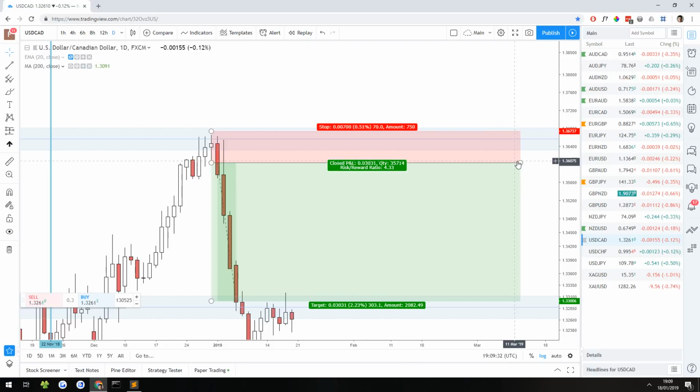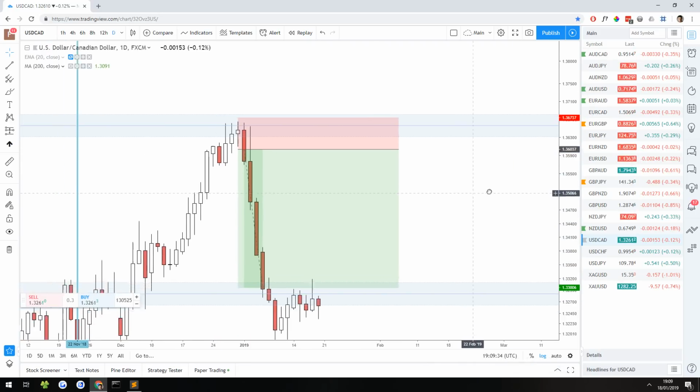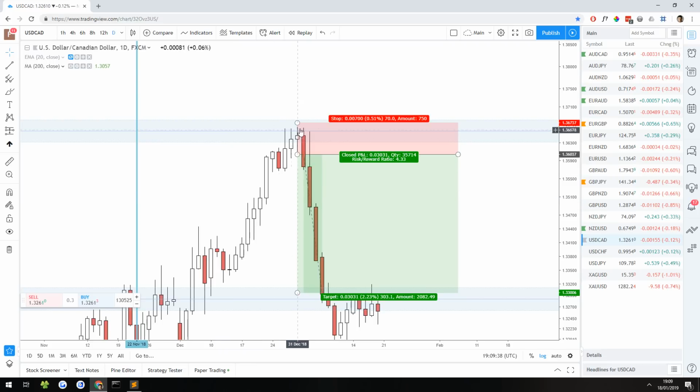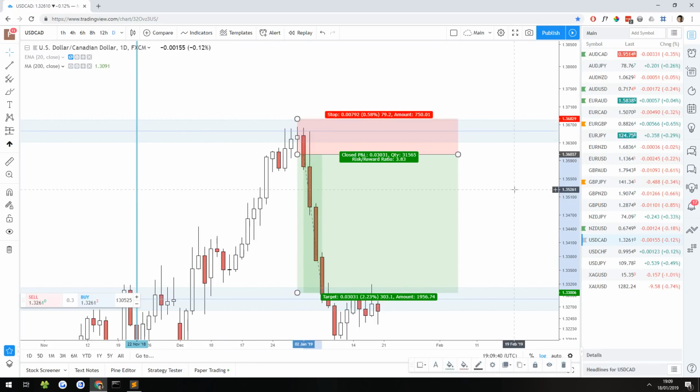Now, does this entry and does this stop loss look good to you guys? Let's put the stop loss up there. I actually expect you guys to respond and tell me if it looks good. This is not just a rhetorical question. Does this stop loss and target look good?